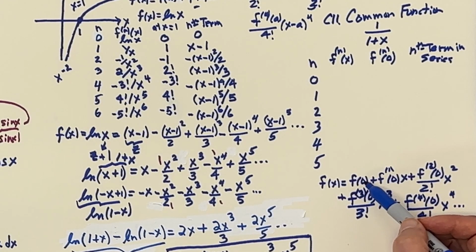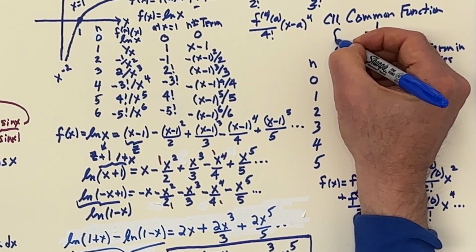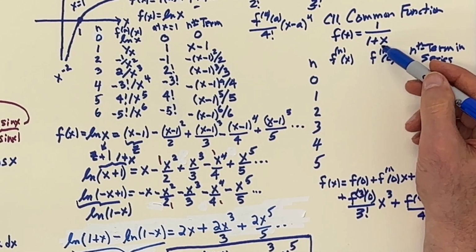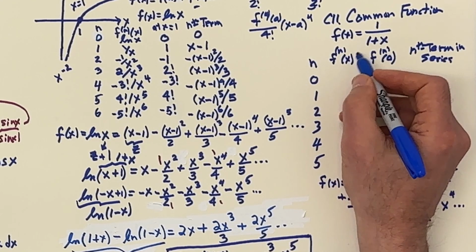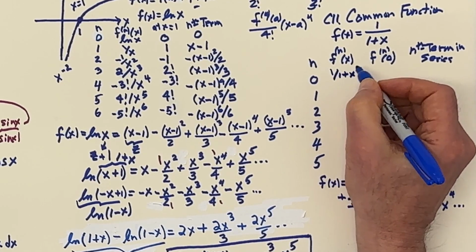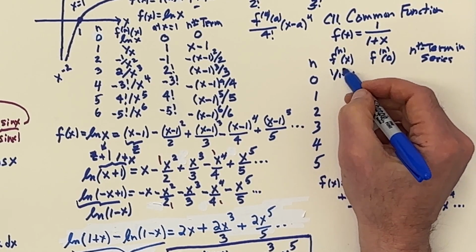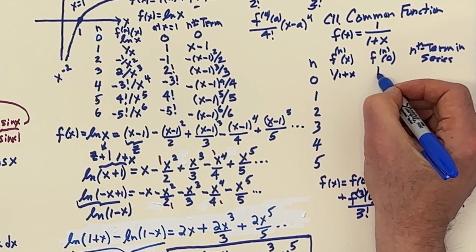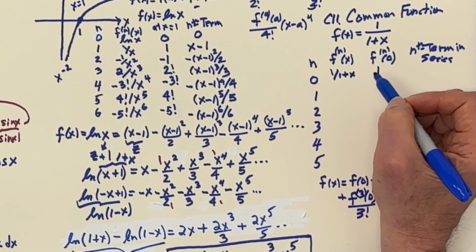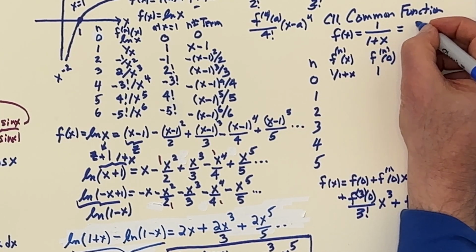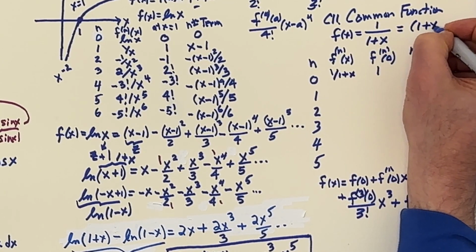So what's the function? Well, here it is. F of x is this one. So if I put in the 0, I'm going to get 1. But to keep the table accurate, the zeroth derivative means 1 over 1 plus x, and if I put in 0 for x, I get 1. Now, the first derivative, you can think of this as 1 plus x to the minus 1.